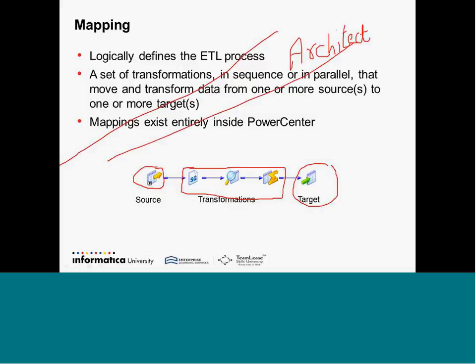You have a blueprint ready with you. The mapping is what we call a blueprint, and you're expected to create this blueprint. Once this blueprint is ready, you take this blueprint to the next level of person. Let's take the example of building a house. So you take this blueprint back.